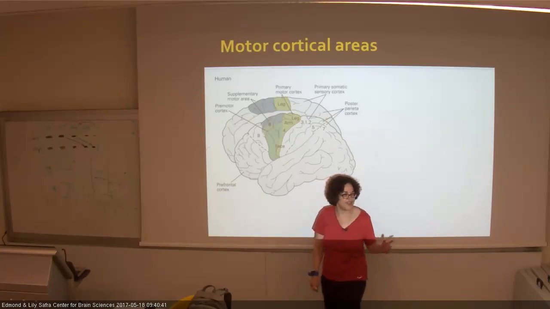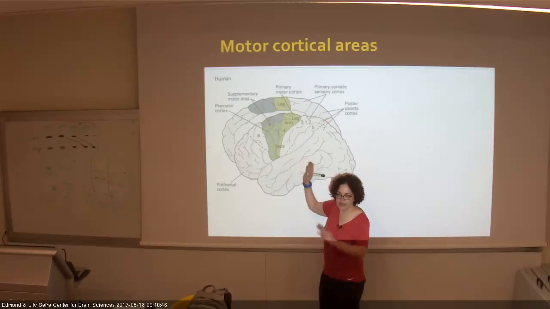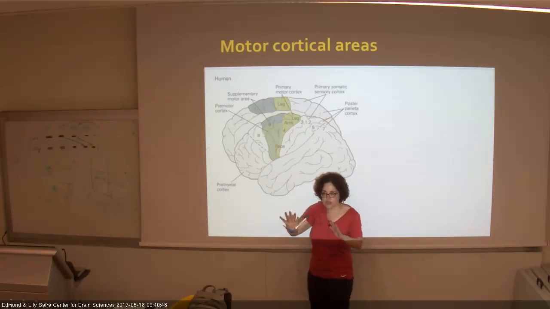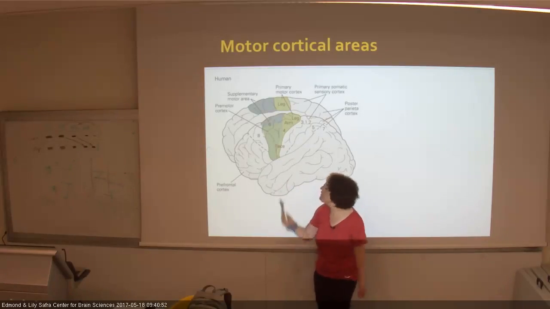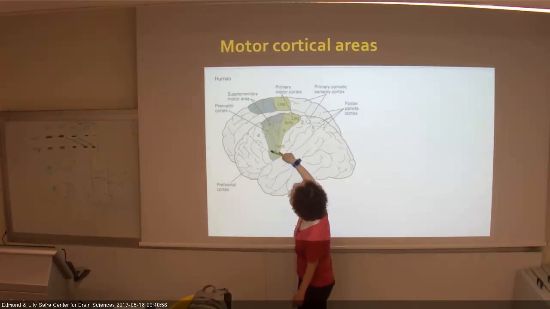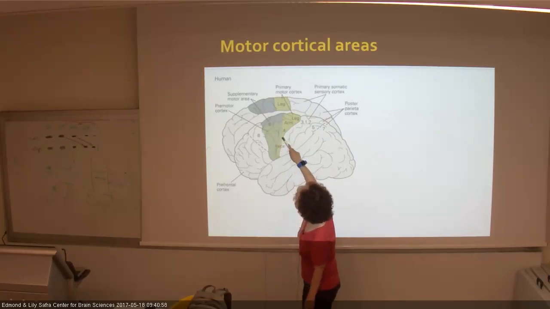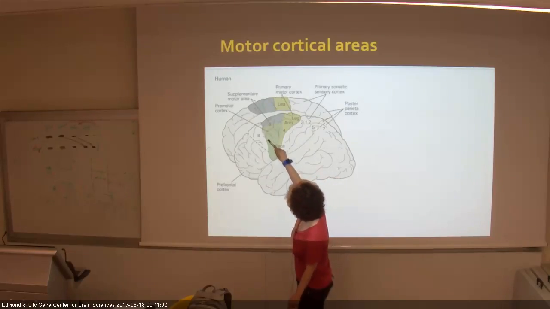So at least one person learned neuroanatomy. The areas rostral to this sulcus are traditionally the motor areas: primary motor cortex, area 4, premotor area, supplementary motor area, and then more frontal areas. Eye movements are controlled somewhere here.